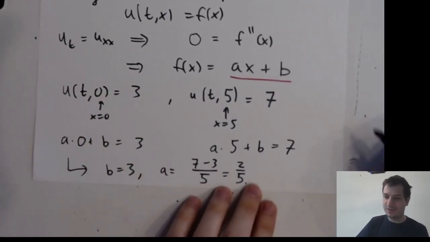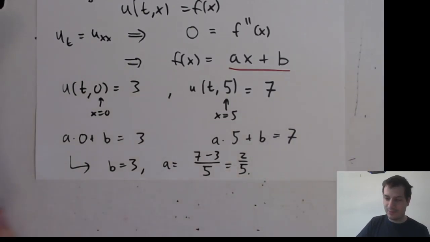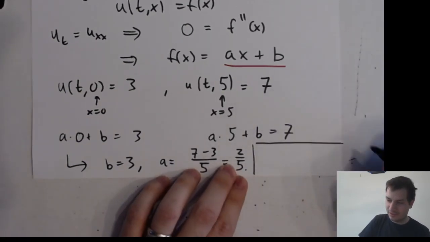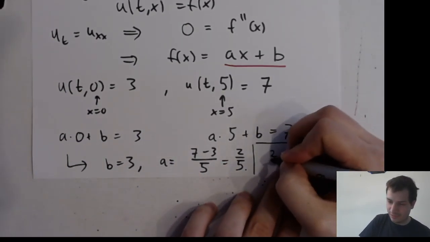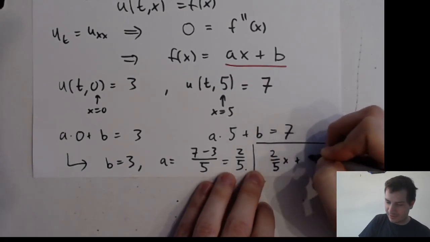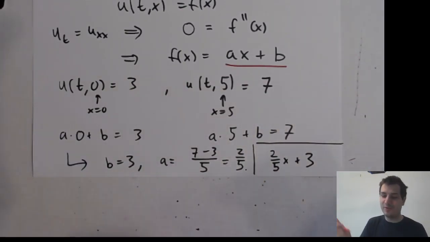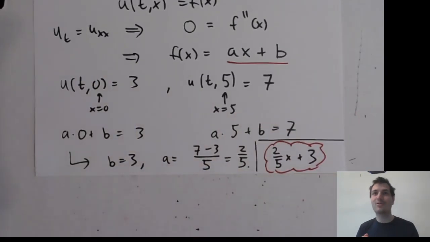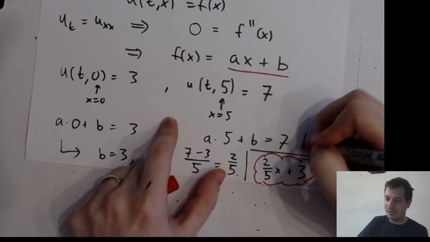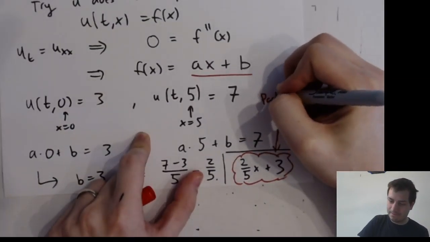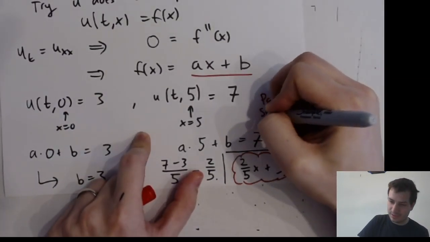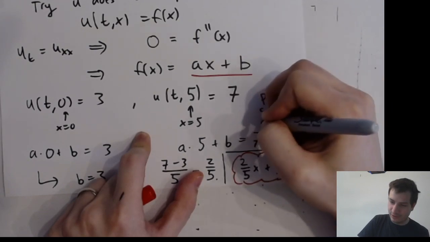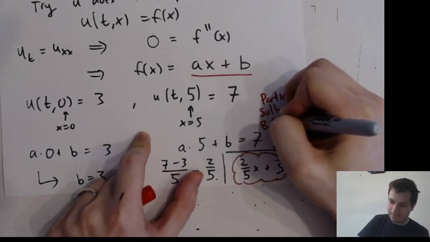So there you go. The solution that works is 2/5 x plus 3, and that is a perfectly valid particular solution to the non-homogeneous boundary conditions.